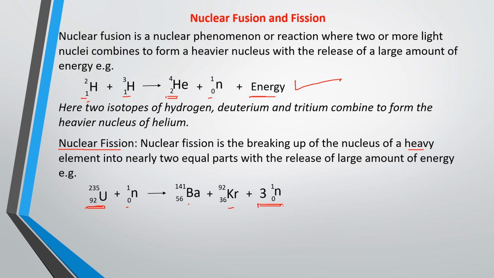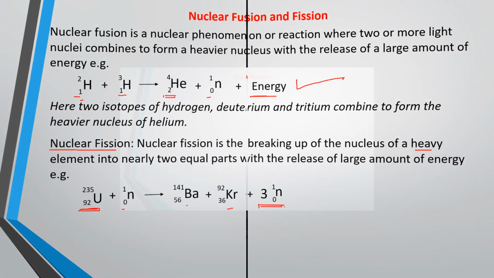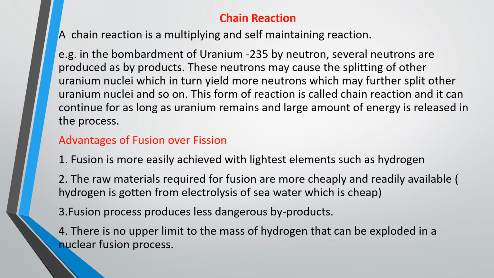The other topic we're going to look at is the chain reaction. A chain reaction is a multiplying and self-sustaining reaction. An example is in the bombardment of uranium-235 by a neutron, just the example we saw now.